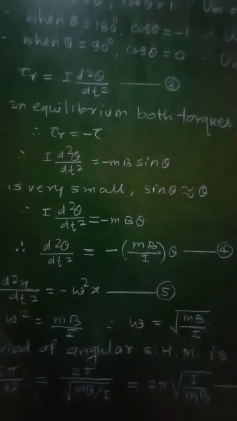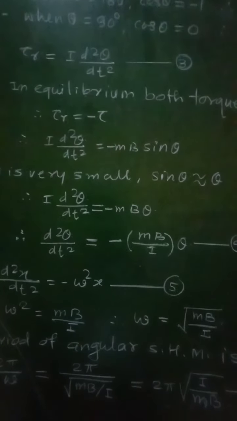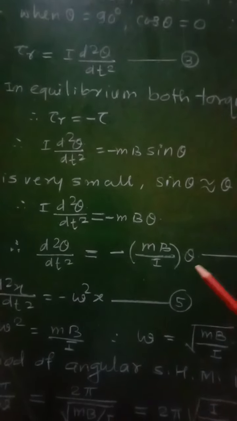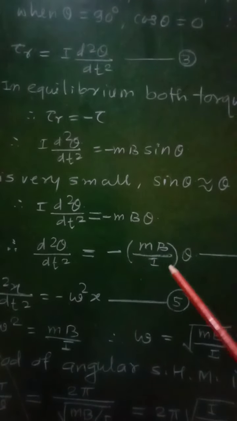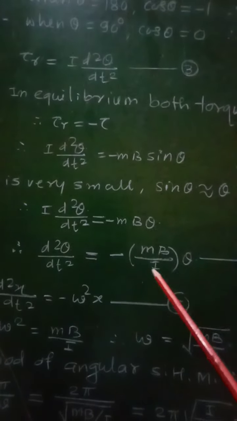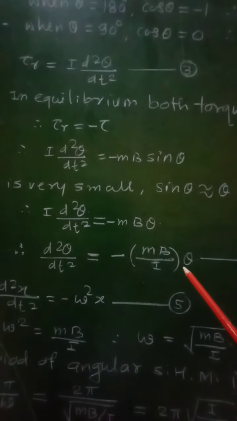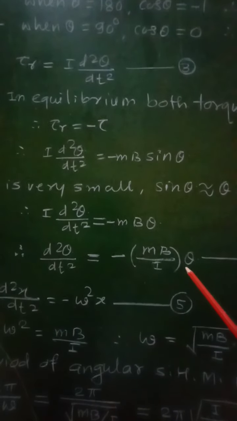So this equation gives the angular acceleration of that rotating magnet. In this case mB and I will be constant, and therefore acceleration will be proportional to the angular displacement theta.